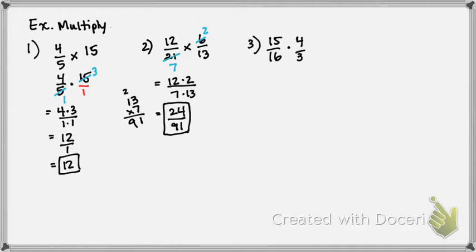Let's see, on the diagonal 15 and 3, oh yeah, they have a 3 in common. 15 divided by 3 is 5. 3 divided by 3 is 1. Okay, good. All right, let's go the other direction. 4 and 16, oh yeah. 4 divided by 4 is 1. 16 divided by 4 is 4. So now I'm left with 5 times 1 over 4 times 1. And that gives me 5/4.